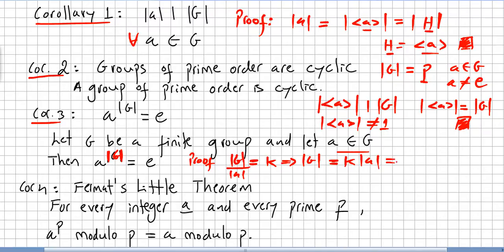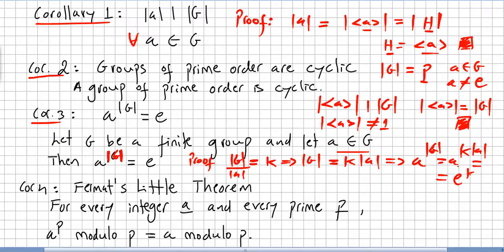Okay, let us take now these two powers. So A to the power of the order of G equals A to the power of K times the order of A, right? Okay, but what is A to the power of the order of A?